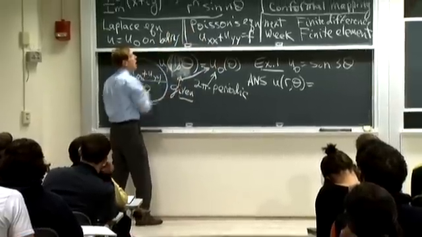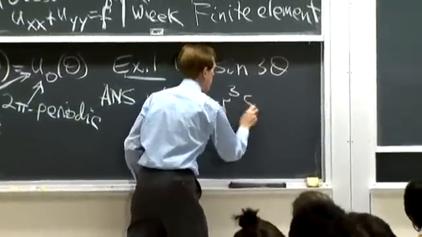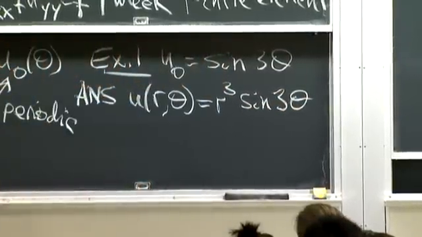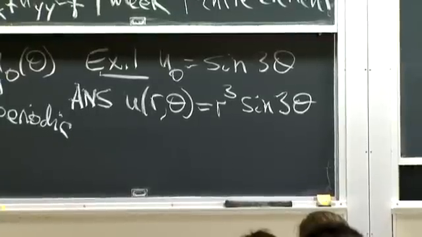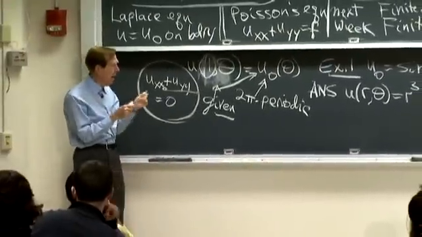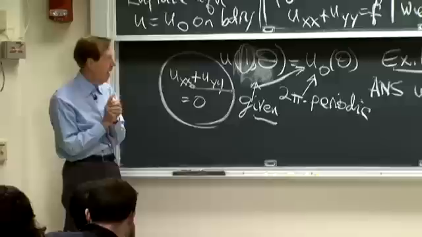Well, I'll use r cubed sine 3 theta. So the good winner will be r cubed sine 3 theta. That solves Laplace's equation. We checked it out. It's the imaginary part of x plus iy cubed. We could write it in x and y coordinates if we wanted, but we don't want to.